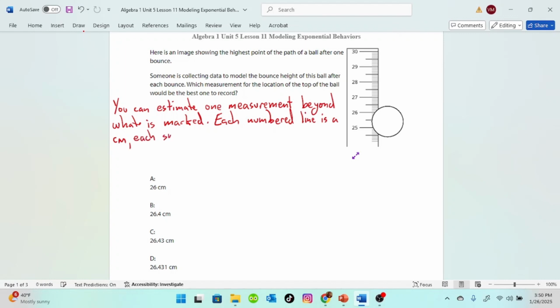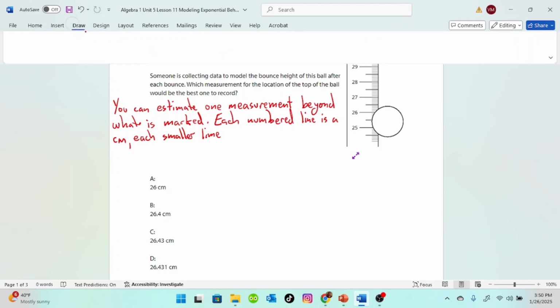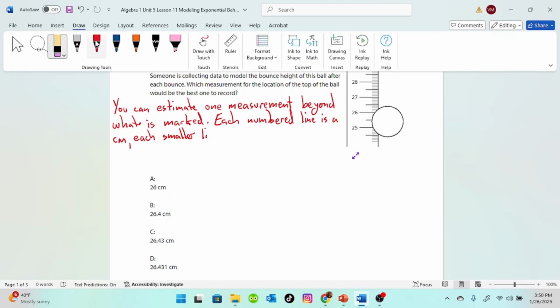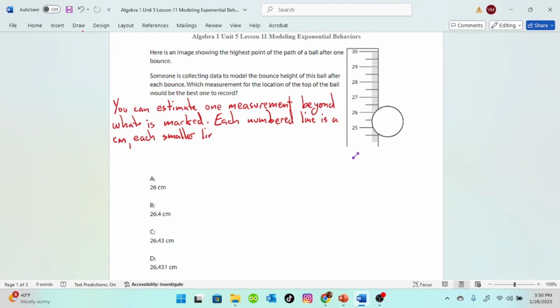Each smaller line is 1/10 of a centimeter.